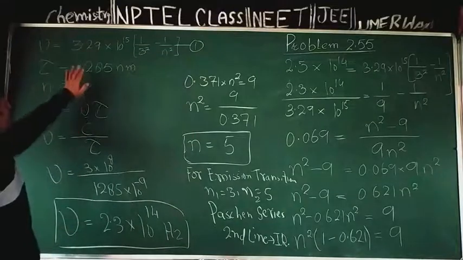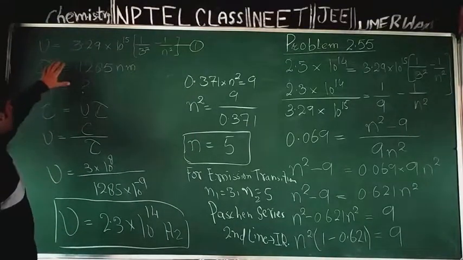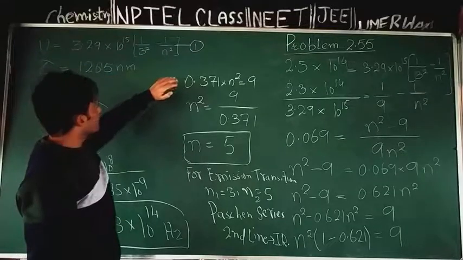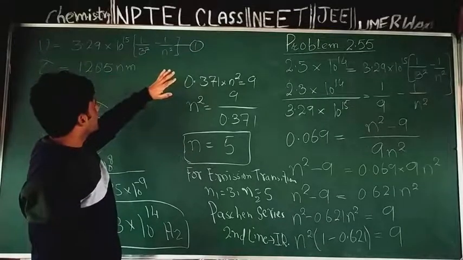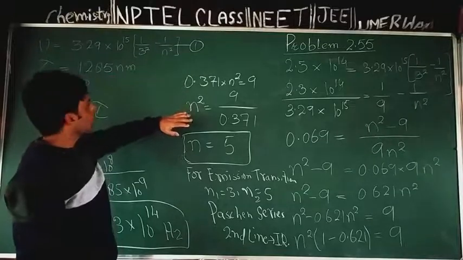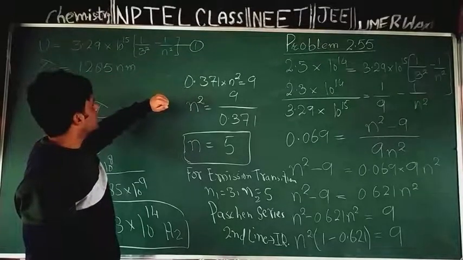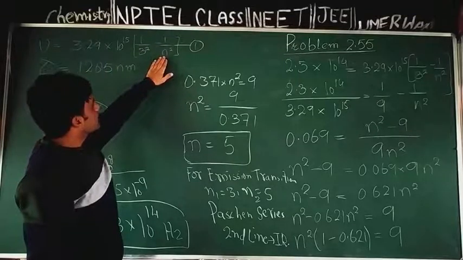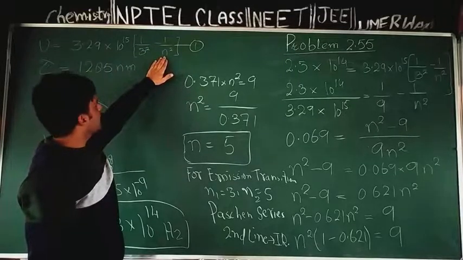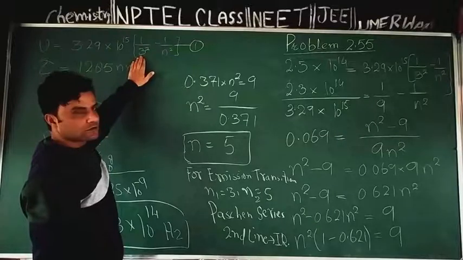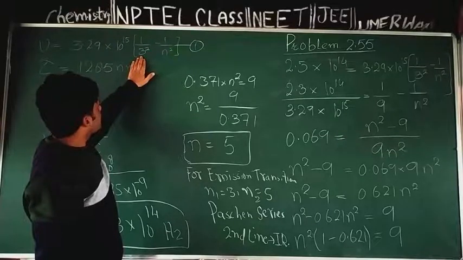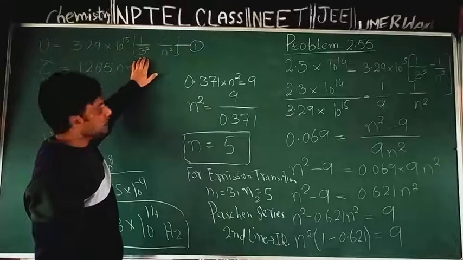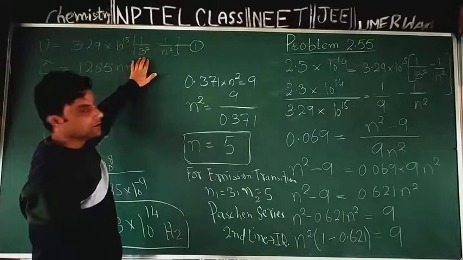Let me recall. In the question it was given that we have an emission transition, and during this emission transition electron returns from higher energy orbit n to lower energy orbit n is equal to 3. Question says that this emission transition lies in Paschen series.